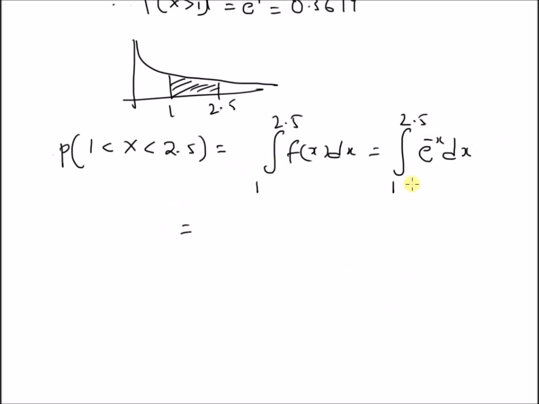Again, since the integral is minus e power minus x with limits 1 to 2.5, by inserting the limits we get e power minus 1 minus e power minus 2.5, which is equal to 0.2858. So this is the area under the curve between these two values, in the interval 1 to 2.5.